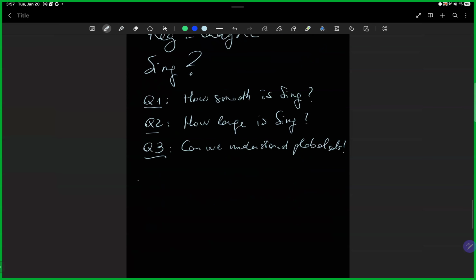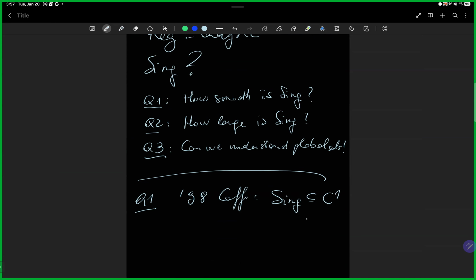Okay, so about question one, how smooth is the singular set? In '98, Caffarelli proved that the singular set is contained in a C^1 hypersurface.